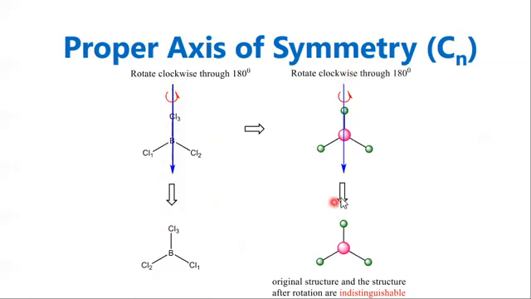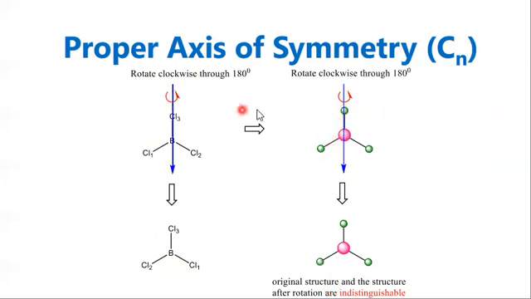But in reality, we cannot differentiate the structures before and after the rotation because they are indistinguishable. We use the labels just to study the stereochemistry.